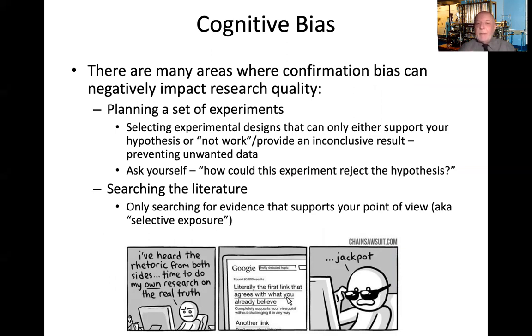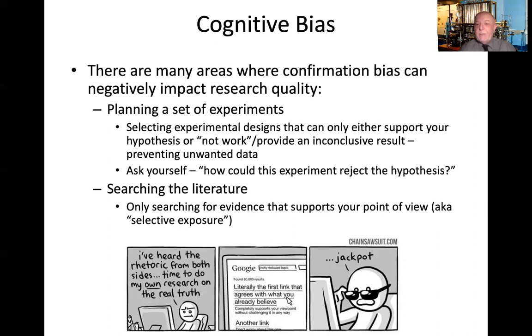So first of all, when we plan our experiments. Remember, in the last lecture, we talked about a hypothesis, and what we want to do is either prove or disprove maybe our null hypothesis. Well, you want to make sure that the experiments you set up actually give you a chance of doing that, because there's a danger with this cognitive bias that we only select experiments that are likely to support our hypothesis and don't give us a chance to disprove it, or it ends up at best with inconclusive results, which means it's difficult to make a decision on that hypothesis.